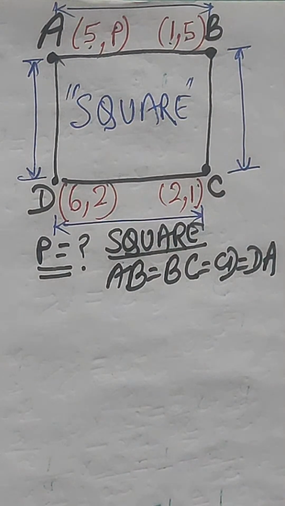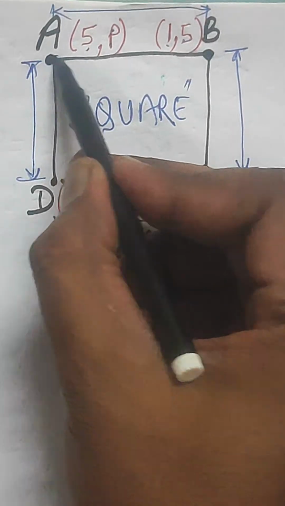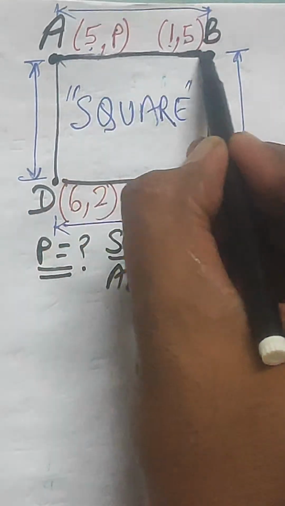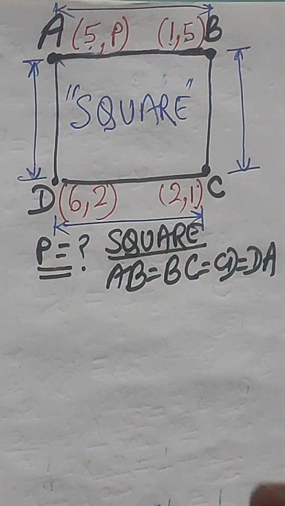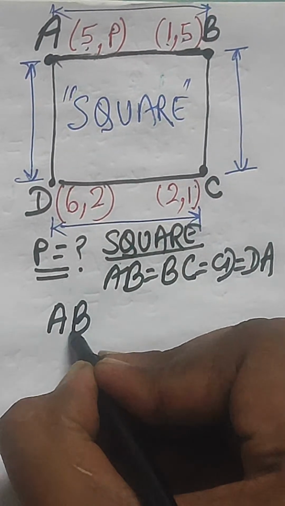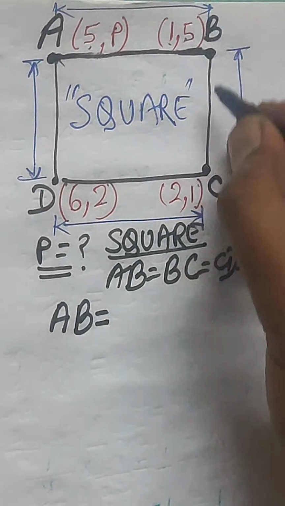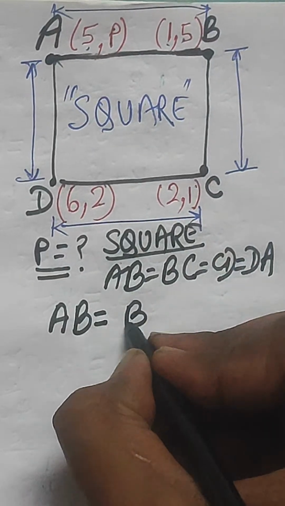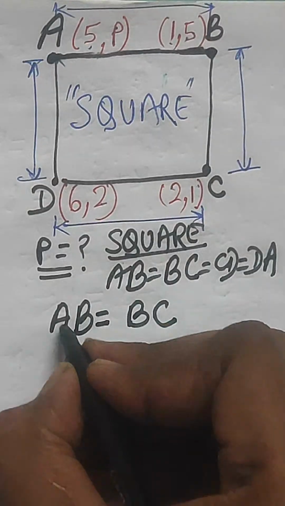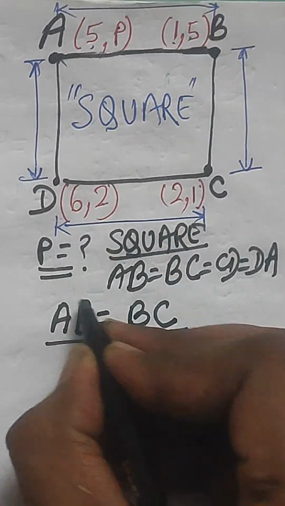So by the distance formula, we know how to calculate the length of the side AB, right? So we can say AB is equal to, let's say, BC. Why have we taken AB equal to BC?